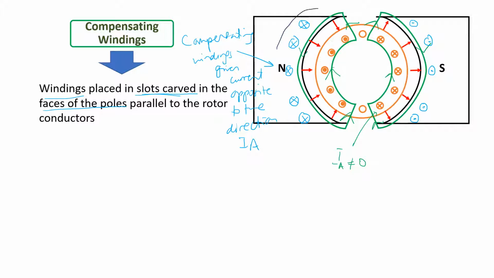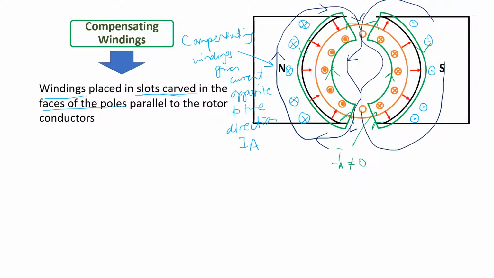So the compensating winding magnetic flux is what I'm drawing now. As the current is going in, the compensating winding magnetic field will be in a clockwise direction. And on the south pole, where the compensating winding currents are going out, the magnetic field will be in a counterclockwise direction.